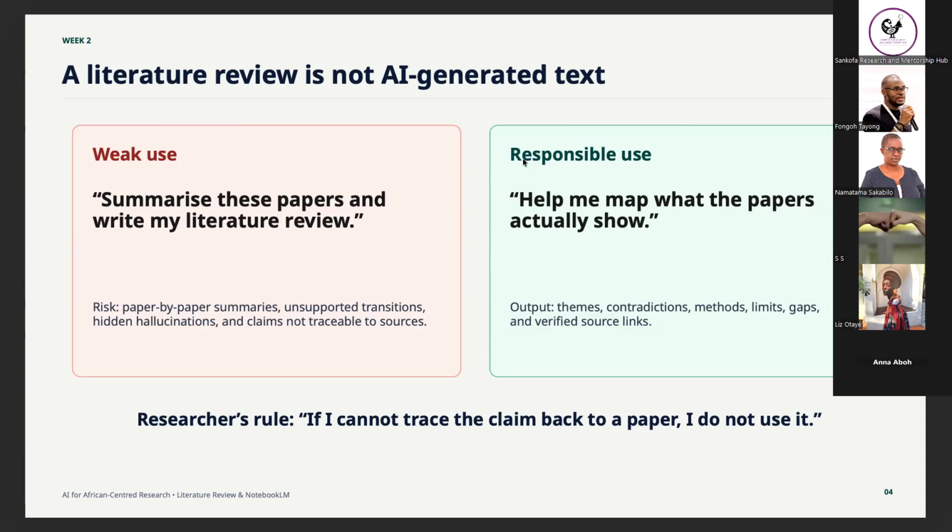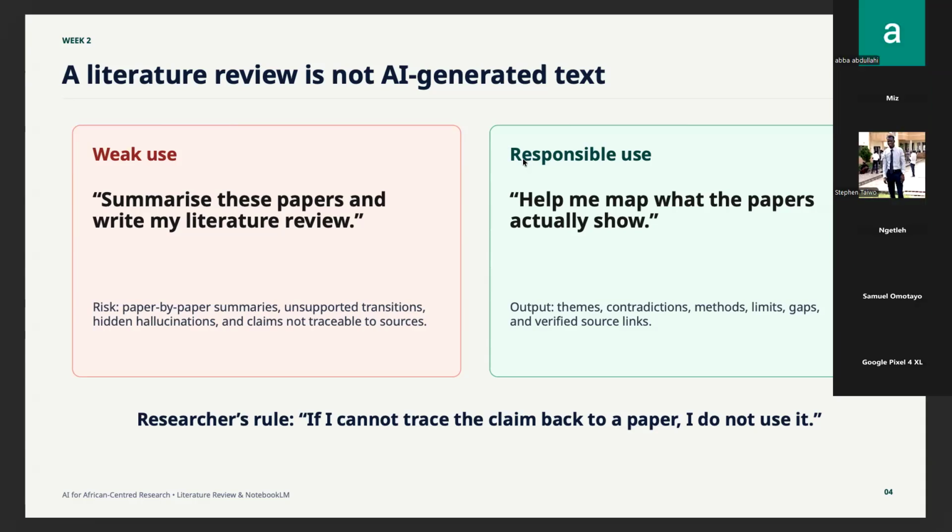Like we said the other time, AI will hallucinate, and since the link looks nice, you may think it's useful. So the researcher's rule: if I cannot trace a claim back to a paper, I do not use it. Anything AI claims or talks to you about, if you cannot trace it back to that paper, do not use it.